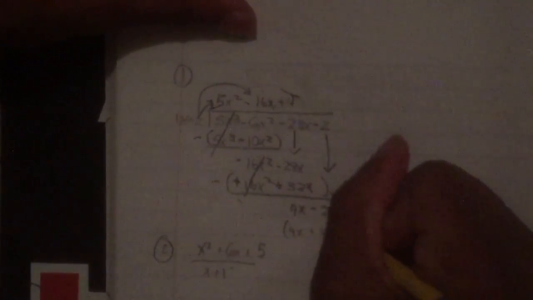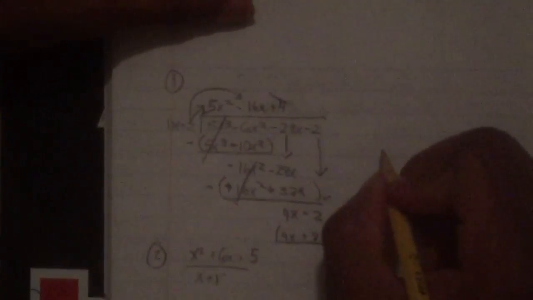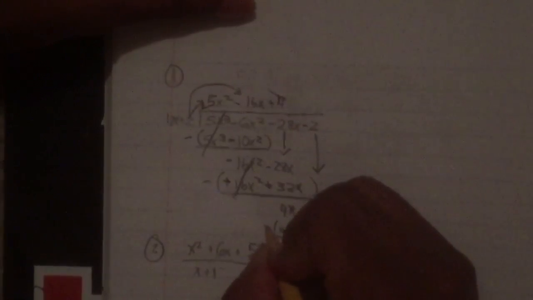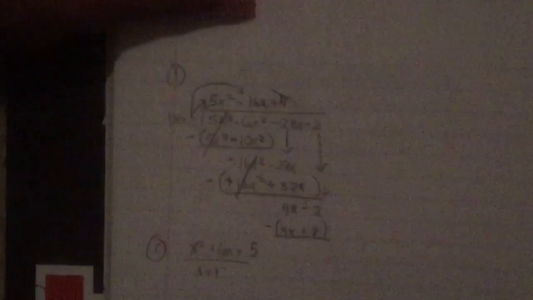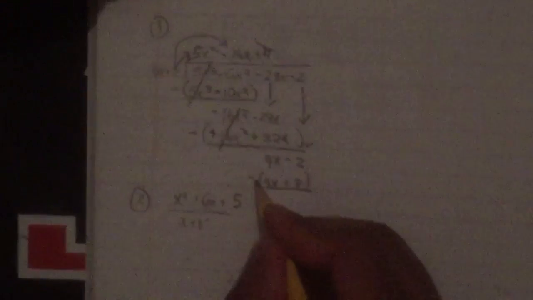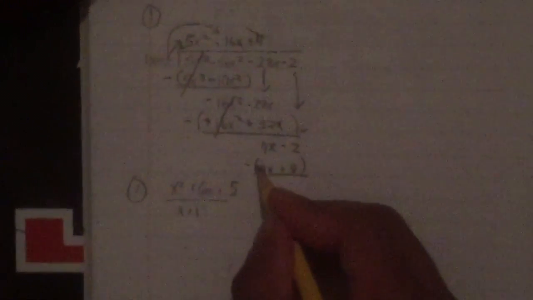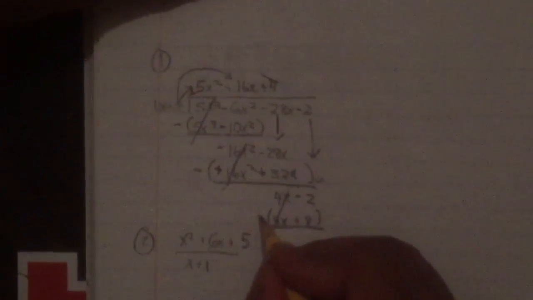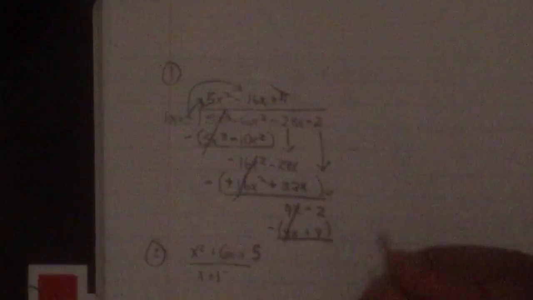Remember, I like to put parentheses and an equal sign right here. And let me work up here, running out of room. I like to put a negative right here. A negative times a positive equals a negative. This cancels out. A negative times a positive equals a negative, so we would get negative 10. So that's the remainder.